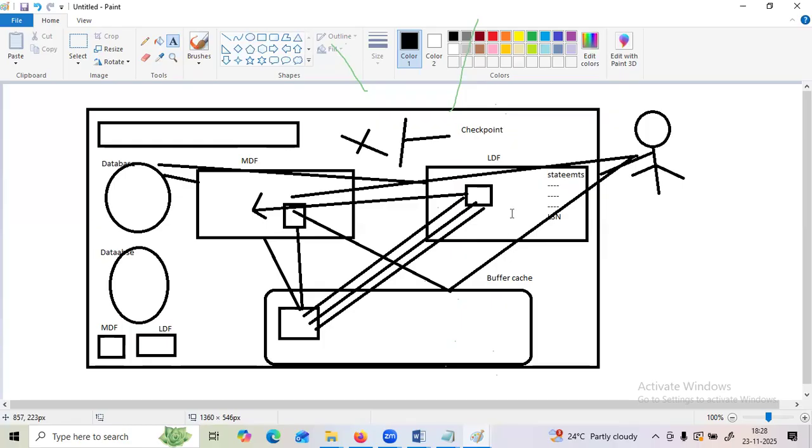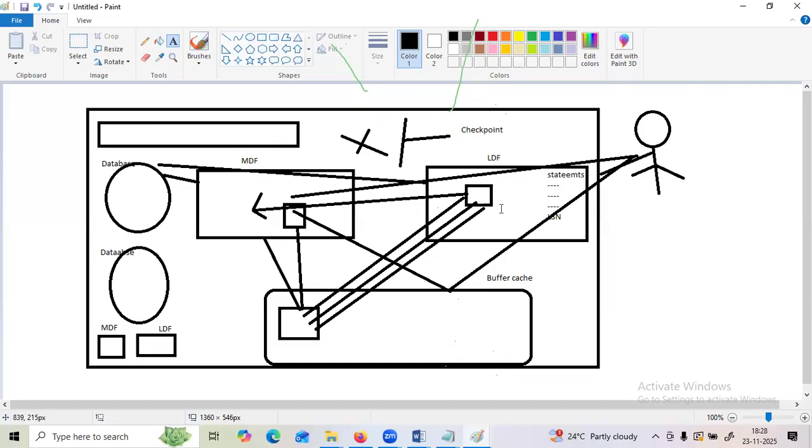That is the reason the checkpoint scans the transaction log file and moves the committed data from LDF to MDF. But the checkpoint won't clear the space in the transaction log file. These things we have to remember. Why? Because the checkpoint is not going to clear the space in the LDF. Here, why does the space occur?